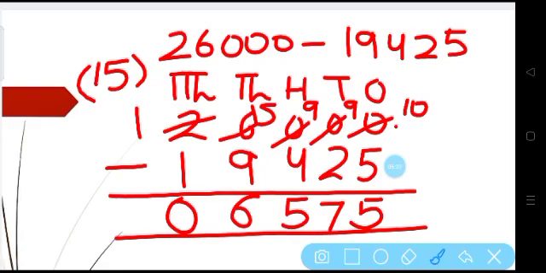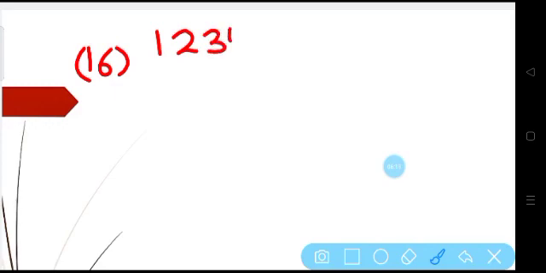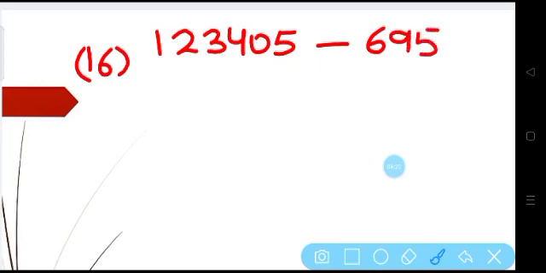Now let us do question number 16. So students, our question number 16 is, they have given you 1,23,405. You have to subtract 69,547 from the given number.